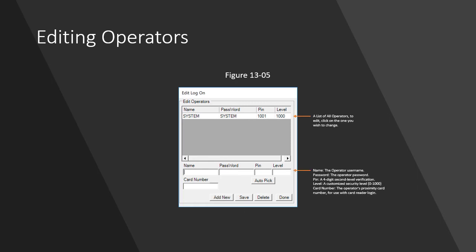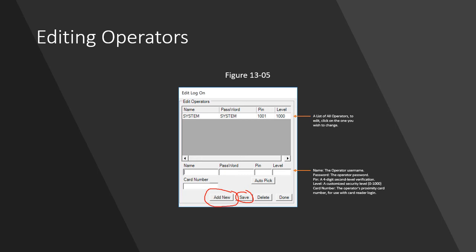If you select the system operator, then the fields down at the bottom would be populated with the information for that user. Or you can click on the Add New button and fill in these fields at the bottom, and then click the Save button to save that new user. If you're editing one that already exists, then you'll just simply click the Save button once you've made those changes.